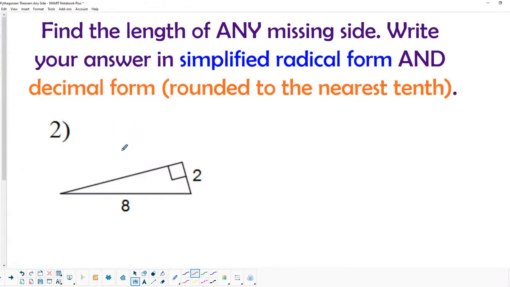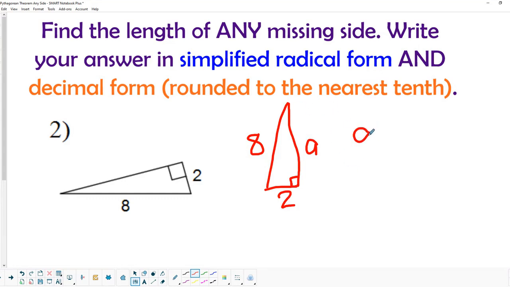Okay, our second one. If you notice, the triangle's been kind of tipped over. We can maybe redraw this triangle looking like this. So there's the right angle. Here's the hypotenuse, which is 8, and the bottom of the triangle is 2. So we're looking for A again, or the altitude of this triangle.